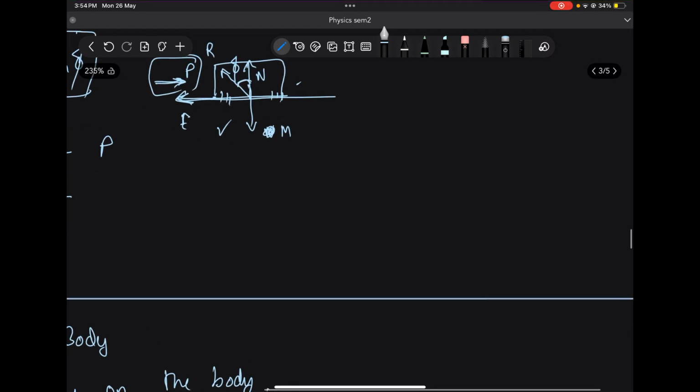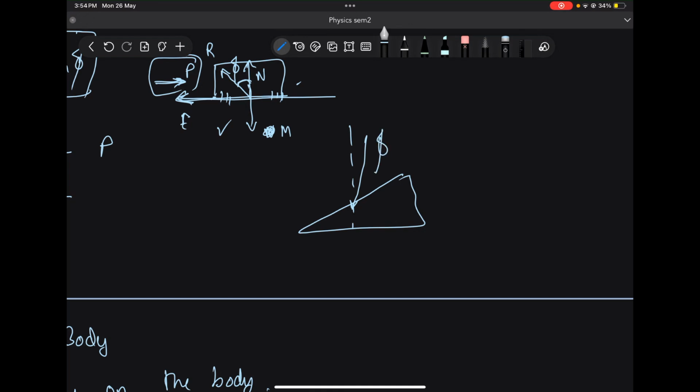Let's say the upper surface is slipping. This means that this reaction force, which was earlier at an angle phi, has now decreased. So this force we can still consider is at angle phi, but this reaction force has changed from phi to phi minus alpha, let's say some value, right?